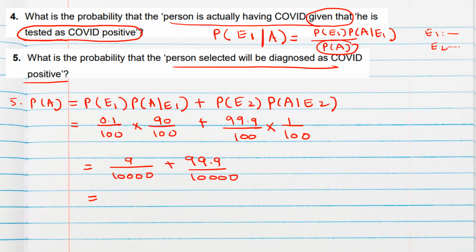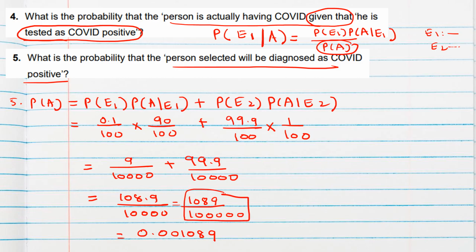So if we add, we will get 108.9 by 10,000. So this probability we can say 1089 by, we can add zeros here, 5 zeros will be enough. Or you can write in fraction form also, 0.001089. This will be the probability. But to find question number 4, I will be using this value.